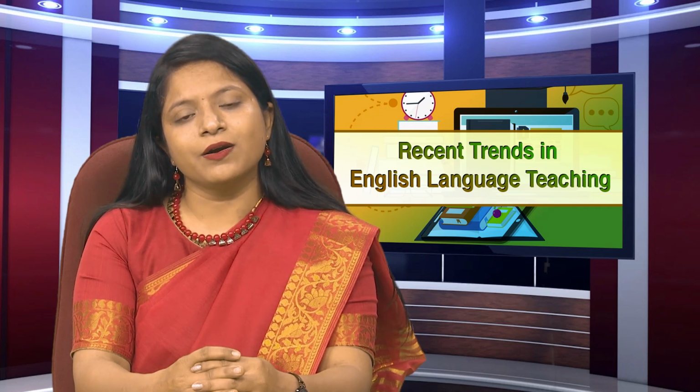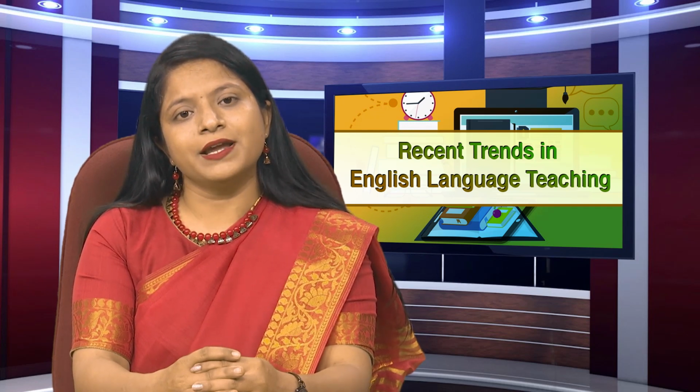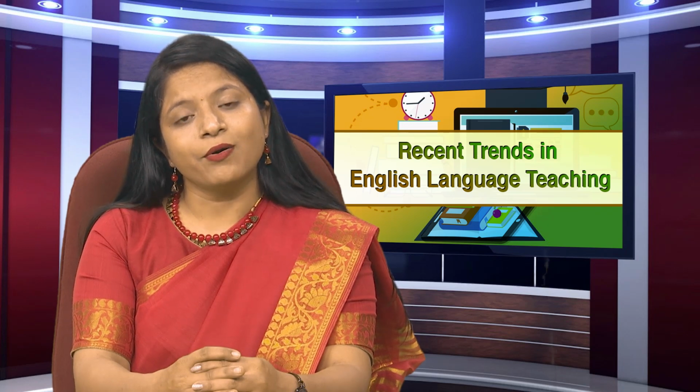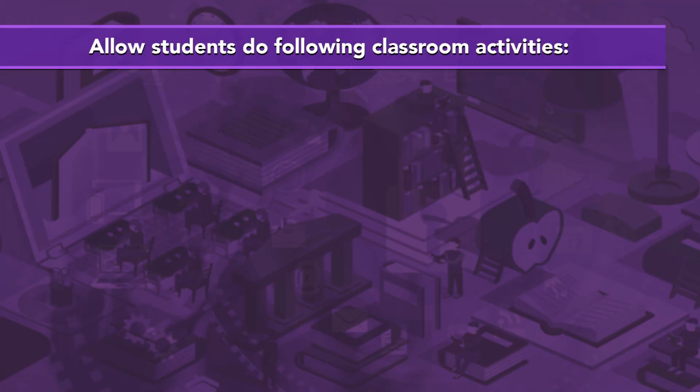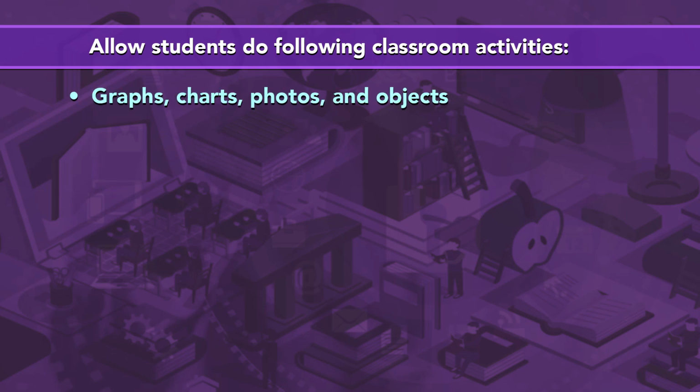While applying this trend, many educators allow students to do the following activities in their classroom. First, they ask students to prepare graphs, charts, photos and objects. The teacher gives a certain situation and asks them to collect a graph from the internet or anywhere else, or to prepare a chart or a collection of photos and objects, and gives them a task to speak or write on it.